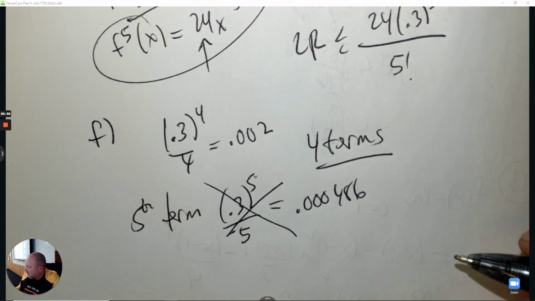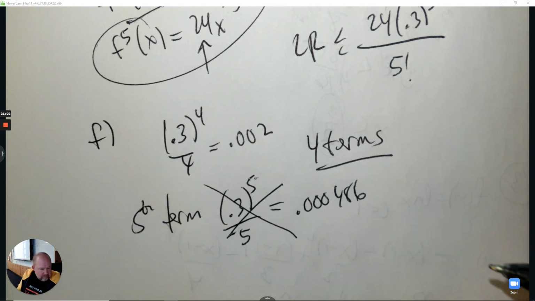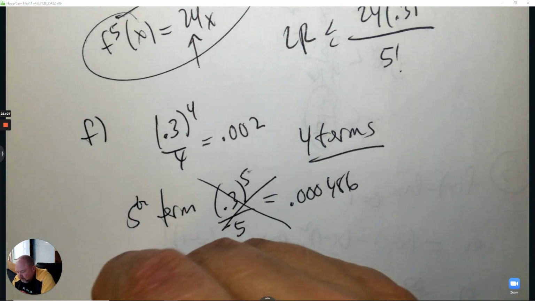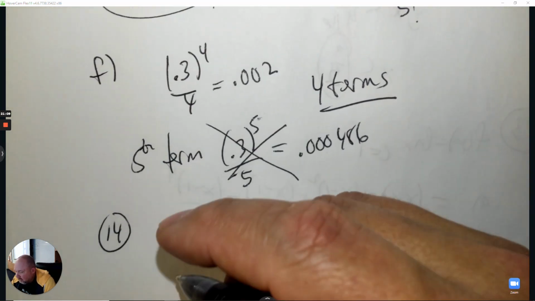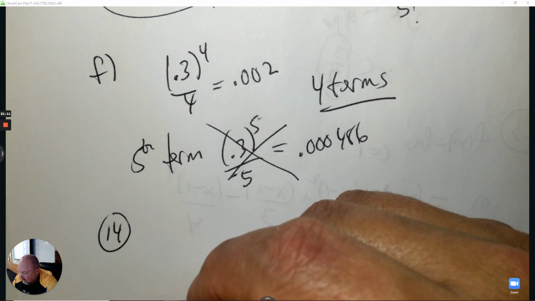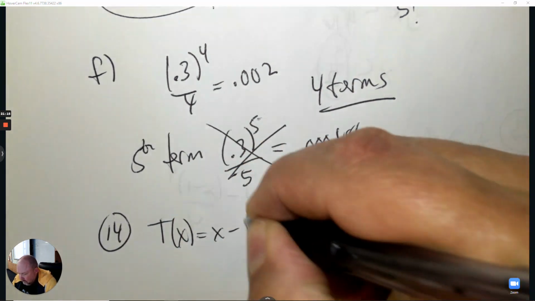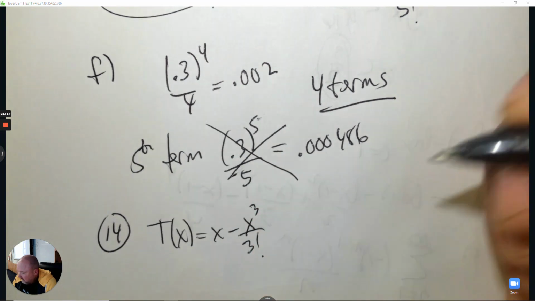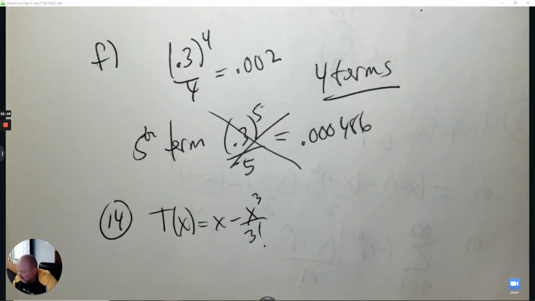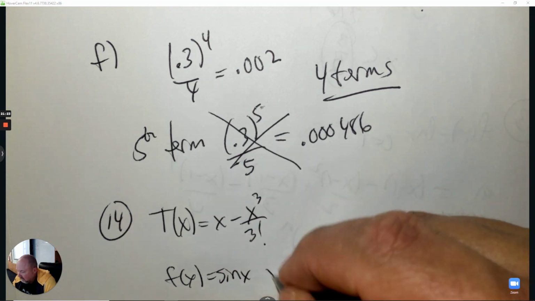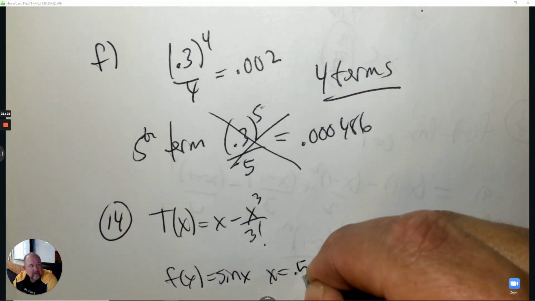All right, that's 13. 14. It says find an upper limit for the error when the Taylor polynomial is used to approximate sine x centered at x equals 0.5.